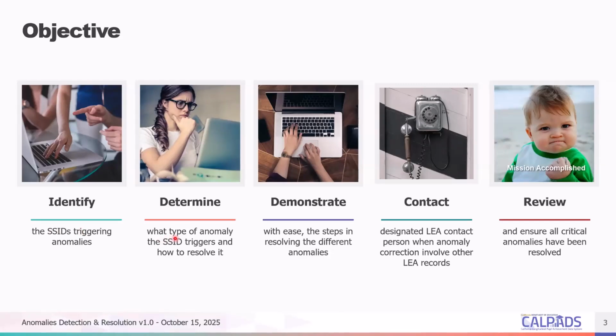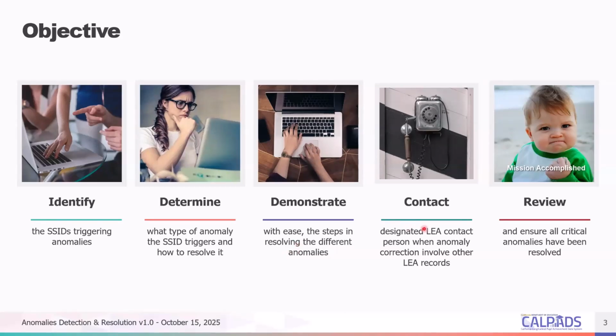Also determine the type of anomaly each SSID is triggering and analyze the underlying causes and enrollment context associated with each record. Then, of course, you should be able to demonstrate proficiency in resolving different types of anomalies by following the appropriate correction steps that I will be demoing today.